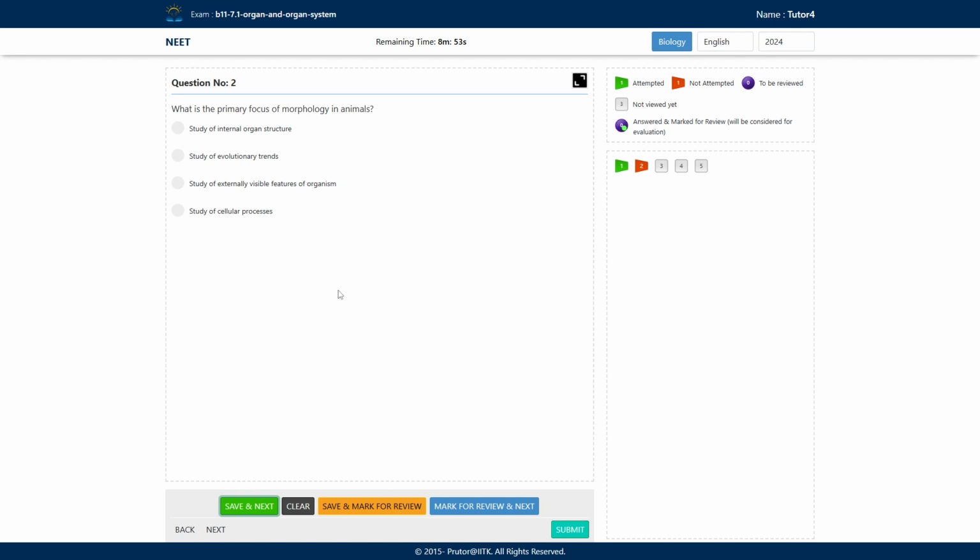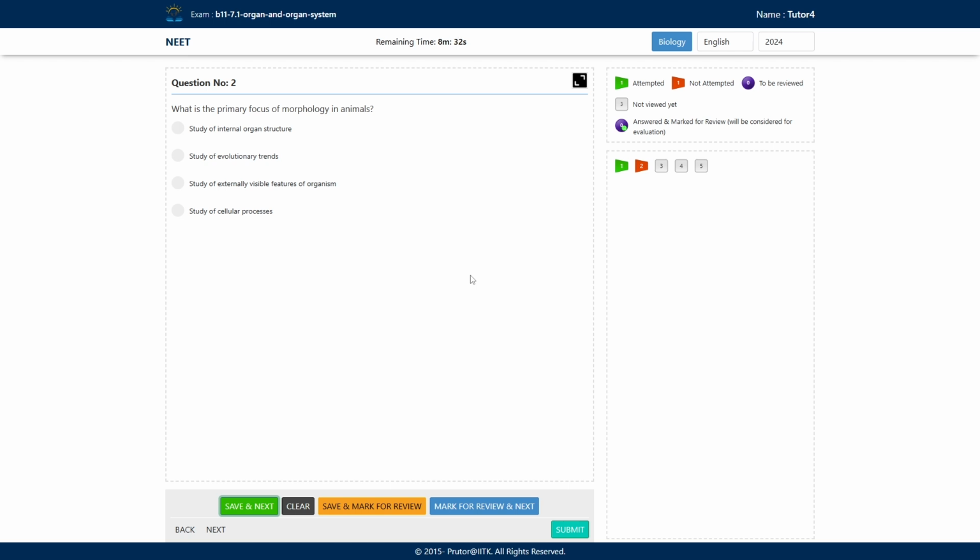What is the primary focus of morphology in animals? What do you do in morphology? A. Study of internal organ structure, B. Study of evolutionary trends, C. Study of externally visible features of organisms, and D. Study of cellular process, right?